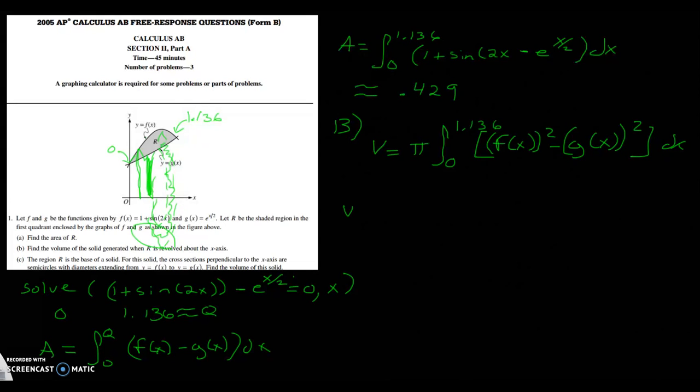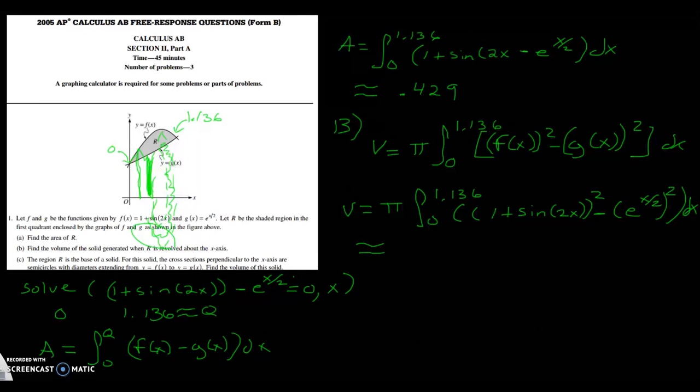Okay, so now volume is going to equal pi times the integral from 0 to 1.136 of 1 plus sine 2x, quantity squared, minus g of x, e to the x divided by 2, squared, dx. And when you solve this, you're going to get 4.267. You definitely need a calculator.